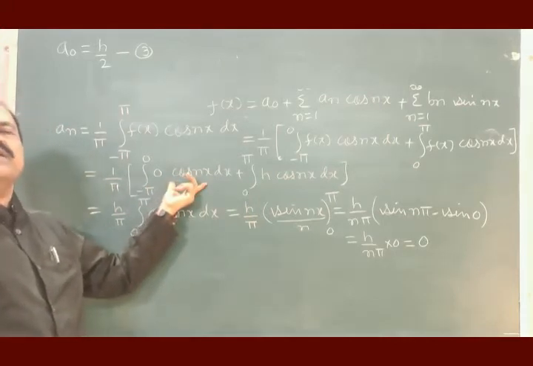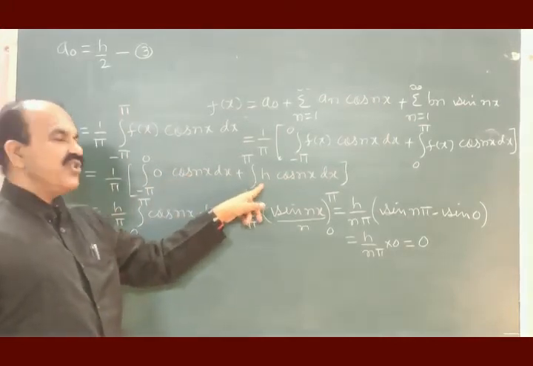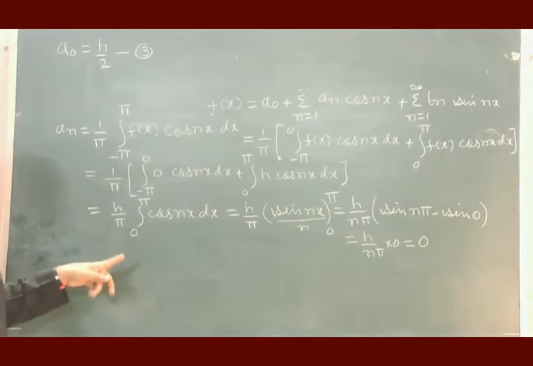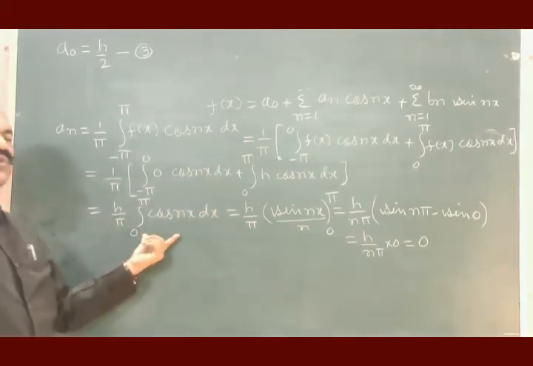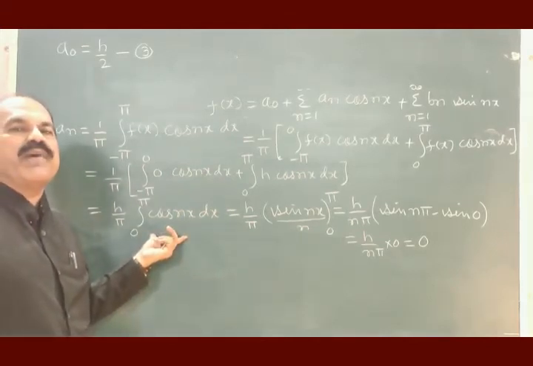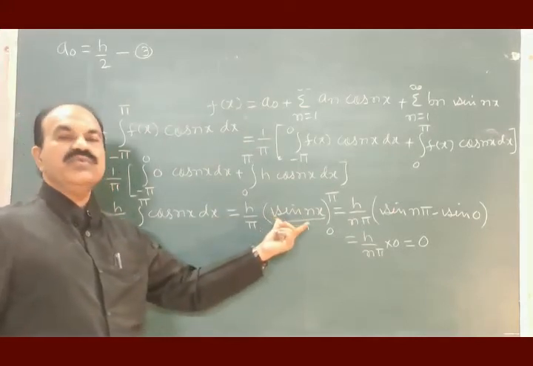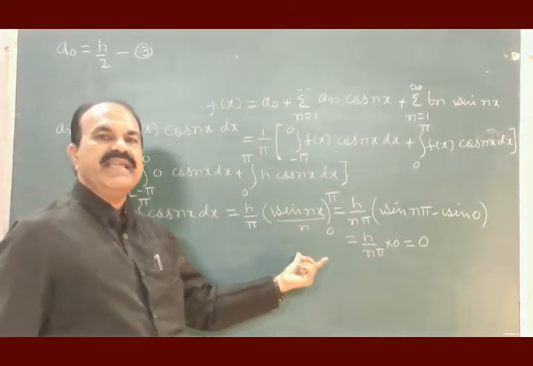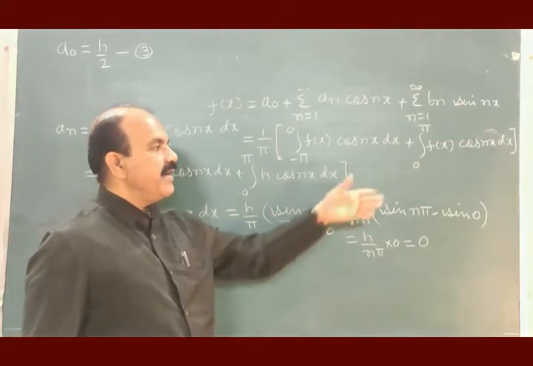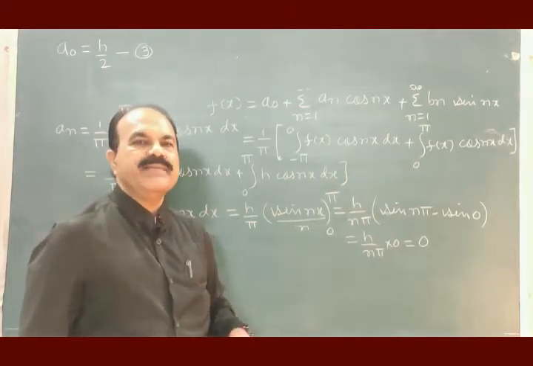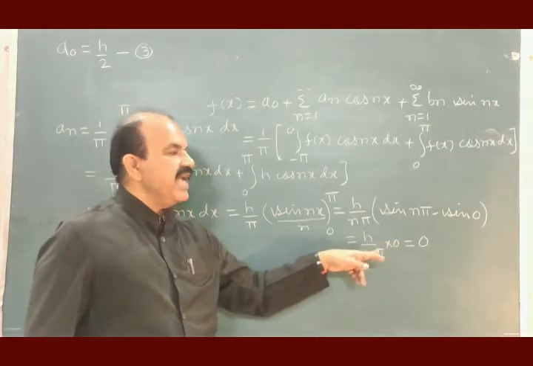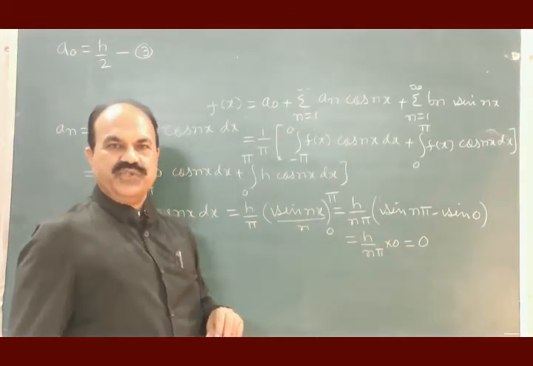The first term will become automatically 0. h is constant, taken outside the integration. So it will be h by pi into integration within the limit 0 to pi of cos nx dx. That is h by pi into sin nx divided by n, limit 0 to pi. Putting the limits and simplifying, we simply have this equal to 0.